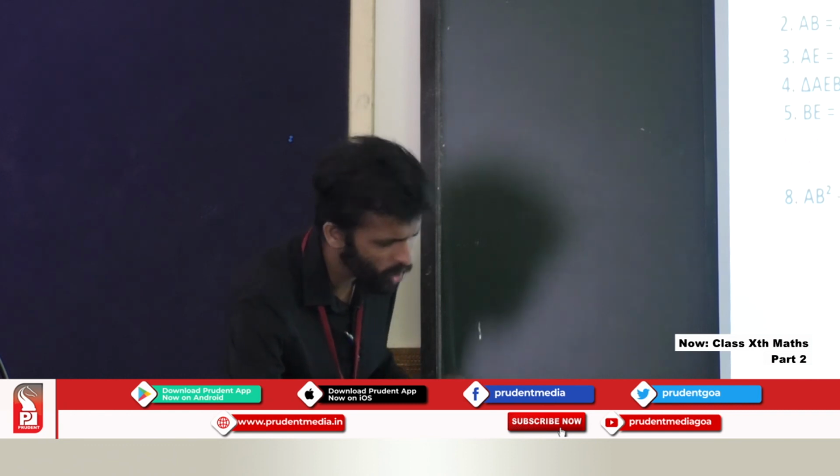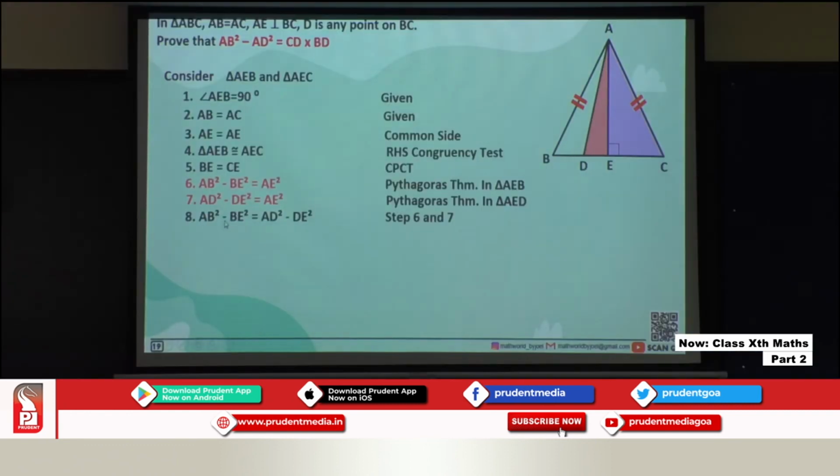Once we have got this, look at step number 8 and we shall understand by looking at the figure, right? AB square is nothing but the hypotenuse, BE square is nothing but one of the sides of the right angle triangle, AD square is again a hypotenuse of this triangle which is in red color, and DE is another side. So why not get both of them together?